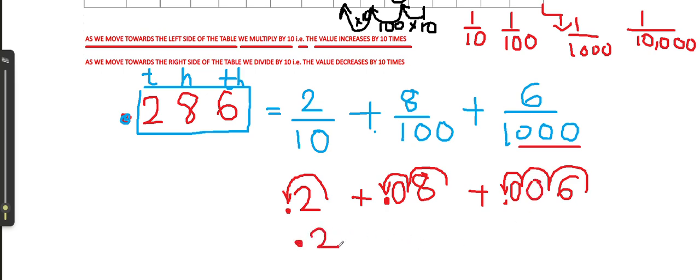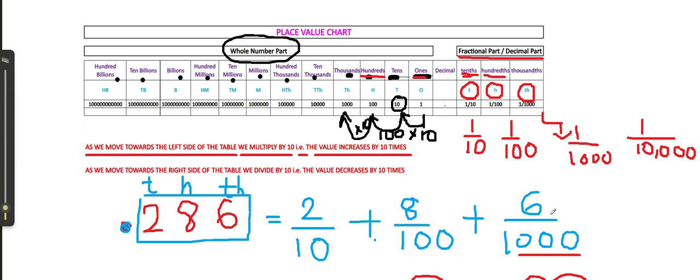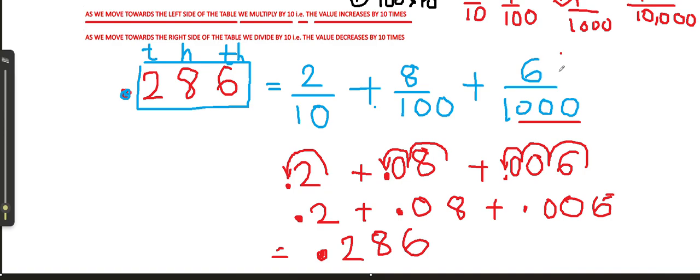So I have 0.2 plus 0.08 plus 0.006. If you add up all these numbers together, you are going to find that it comes back to 0.286. That is how we are going to deal with the fractional or the decimal part.